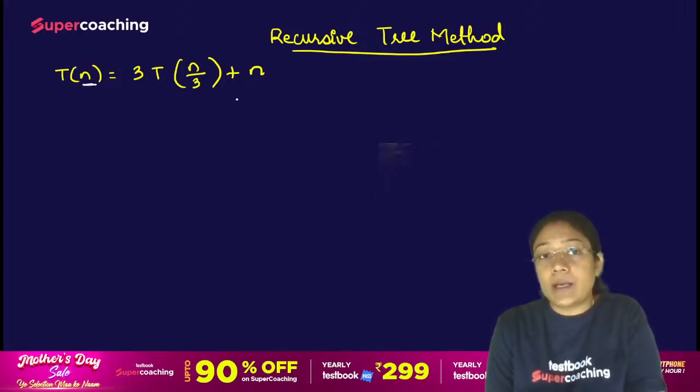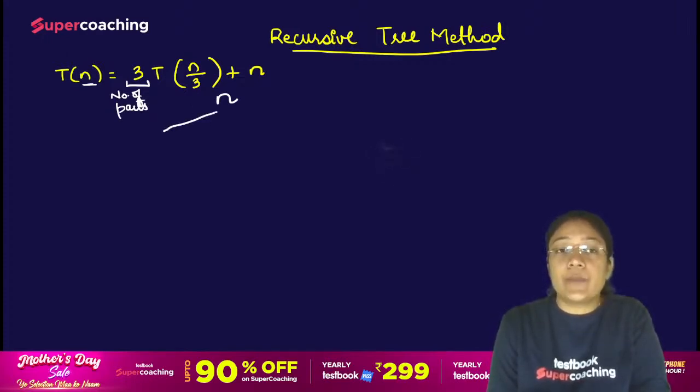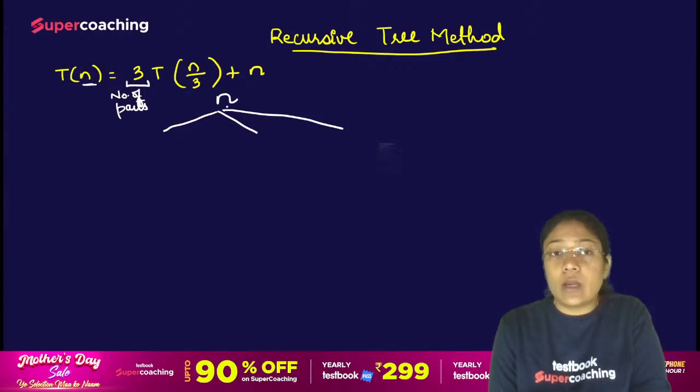Original problem में हमारे पास n elements हैं and these elements are divided into, this is representing the number of parts. कितने parts में divide हो रहे हैं? This is divided into 3 parts. Part 1, part 2 and part 3. Each part is containing 1/3 of the elements. So if in the original problem we had n elements, so here we'll be having n by 3 elements. Here we'll be having n by 3 elements.